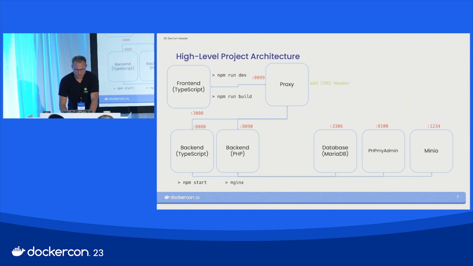Because in the Docker Desktop extension, I'll show you that in a minute, it knows what other containers with what ports are in the same network, and then you can select them when you're creating a new configuration. So you only have to add the CORS headers to the proxy, not to all the backend servers or services? Just the proxy. The proxy is dealing with the CORS then. And we can do that in a minute.